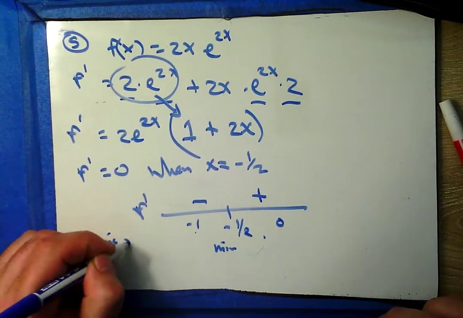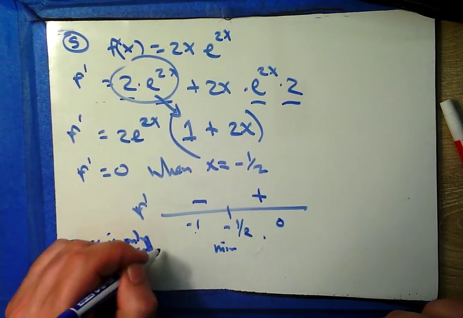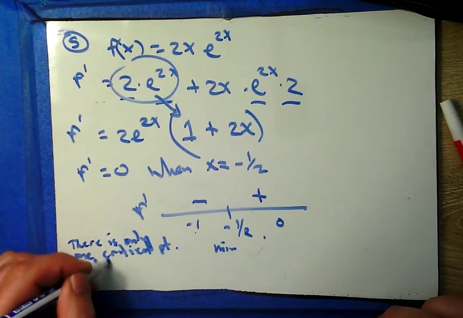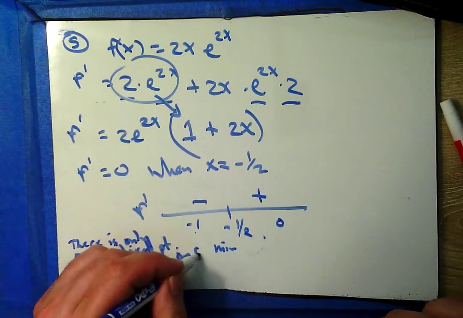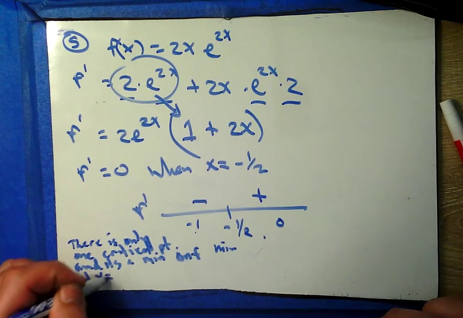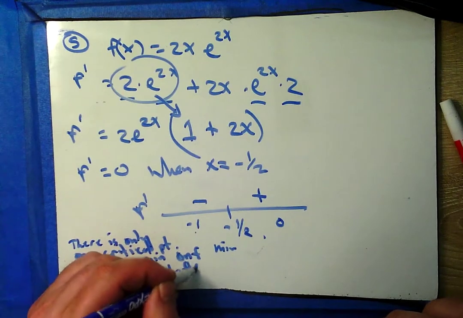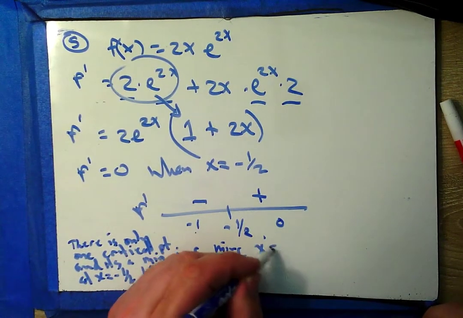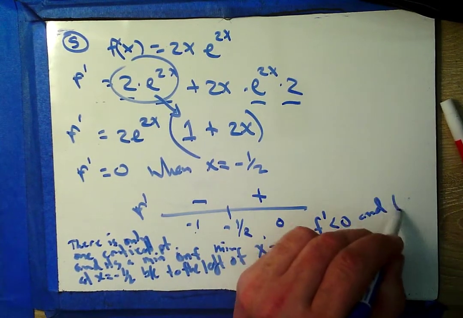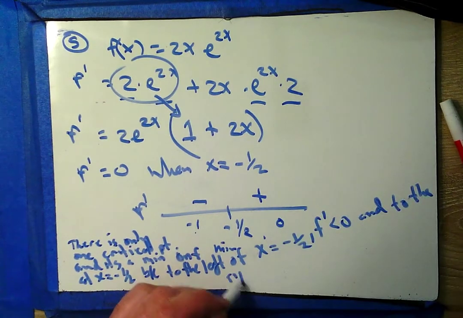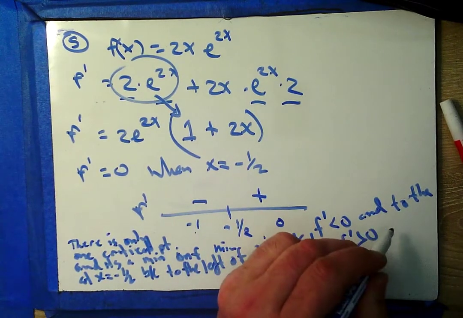There is only one critical point, and it's a min on f at x equals negative 1/2, because to the left of x equals negative 1/2, f prime is less than 0, and to the right of x equals negative 1/2, f prime is greater than 0.